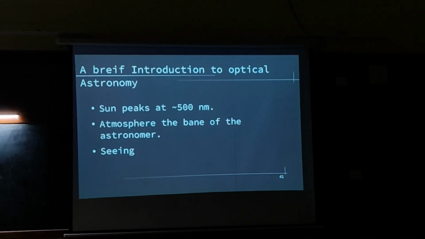There's something called seeing. There's thermal turbulence at the upper layers of the atmosphere, and because of that, this pristine light which is coming from 2.5 billion light years, traveling unperturbed, at the last few meters near your telescope meets these thermal waves which change the refractive index and destroy all that information. There are other methods like adaptive optics, and we try the best ways to send telescopes to outer space.